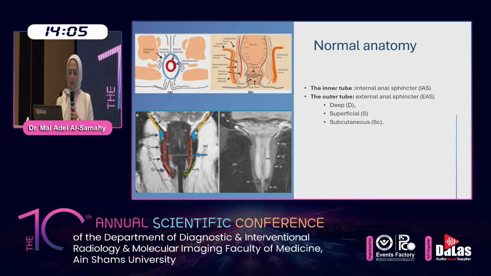Caudally, after the deep part is the superficial part, followed by the subcutaneous part, which is present at the lowermost part of the anal canal, forming a J-shaped configuration where it curves inframedially.